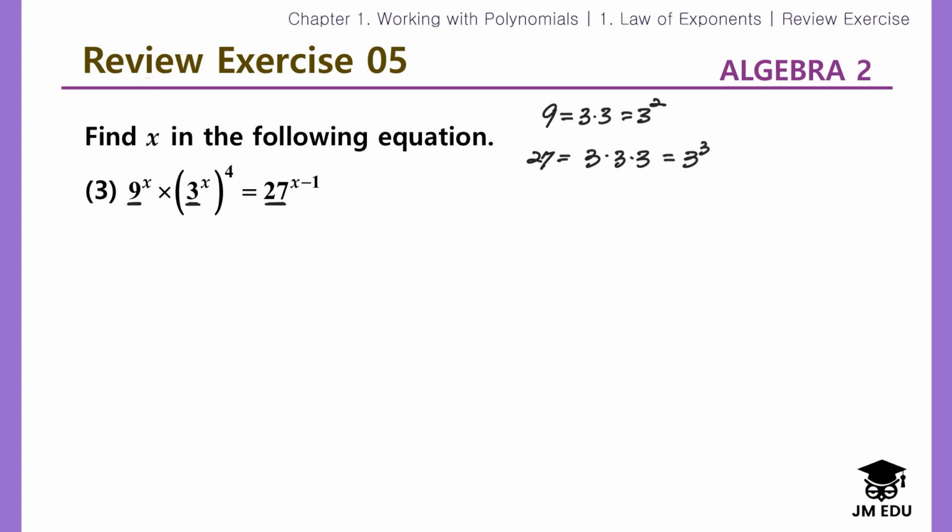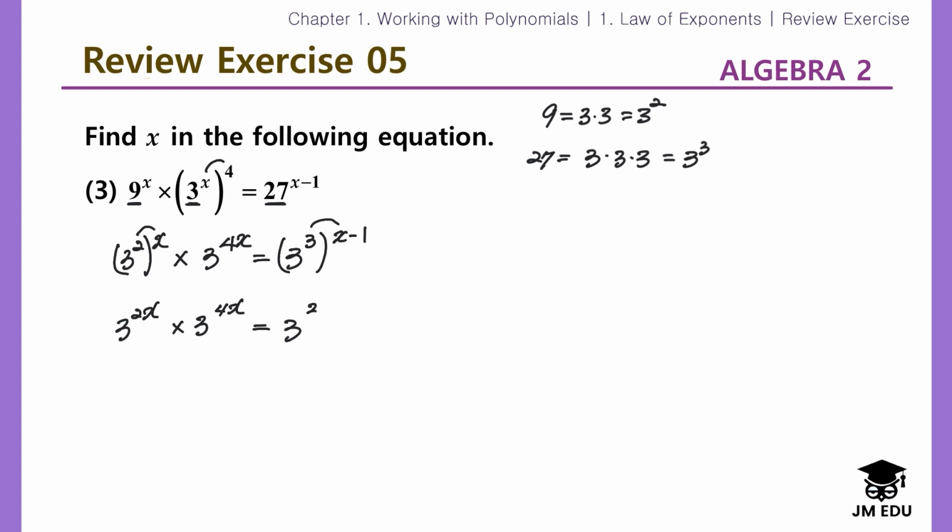So 9 is 3 squared, and we have power x times 3 to the x times 4, that's 4x, is equal to 27, 3 cubed, and we have x minus 1. So 2 times x, 3 to the 2x, times 3 to the 4x is equal to, 3 times x, that's 3x, 3 times negative 1, minus 3, right?